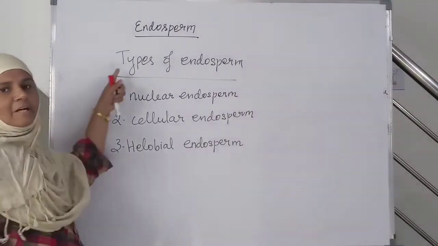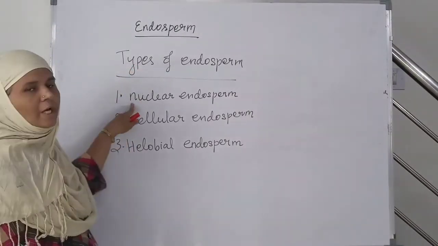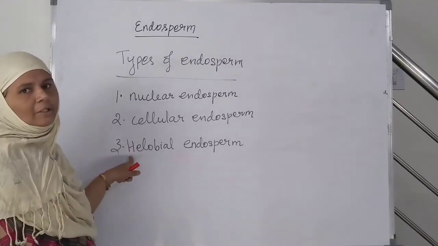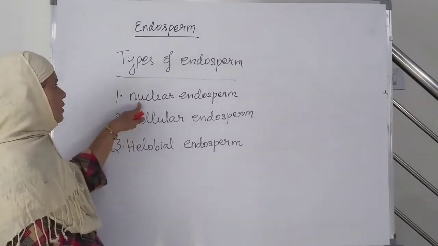So, there are three types of endosperms: nuclear endosperm, cellular endosperm and helobial endosperm.